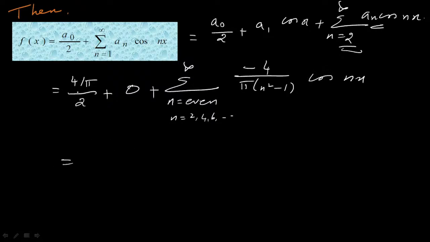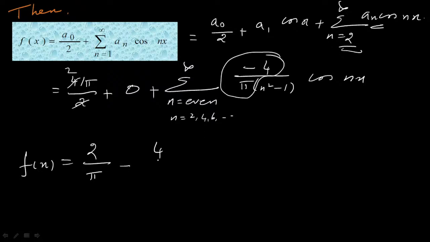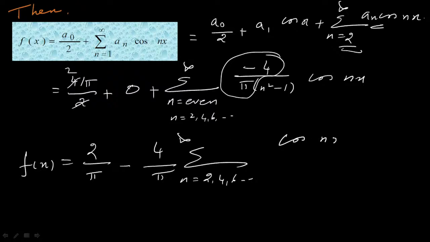That is equal to, here one of the 2 being cancelled. So you have here 2 by pi, that is your f of x equal to 2 by pi. Here the summation is only for even n terms, so you have to take minus 4 by pi outside. Minus 4 by pi, sigma n is from 2, 4, 6, etc. to infinity, or you can write it as even terms to infinity. Both are the same. Cos nx divided by n square minus 1.